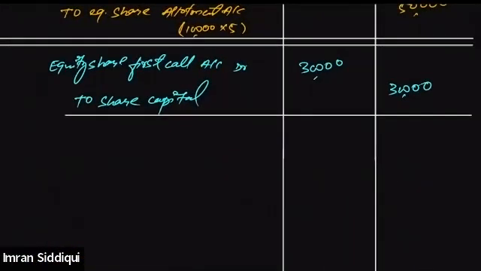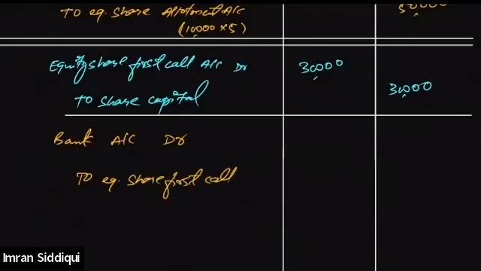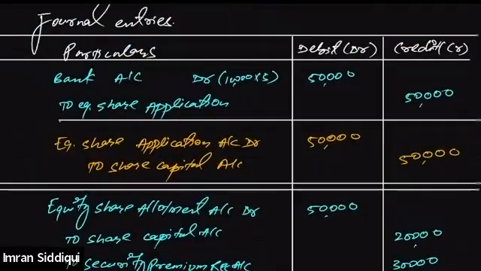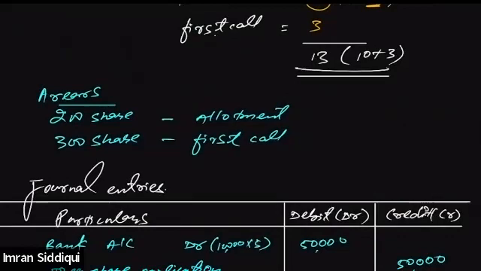So the journal entry for the receipt of call money is bank account debit to equity share first call. But the problem is that on the first call as well, we did not receive the complete payment.